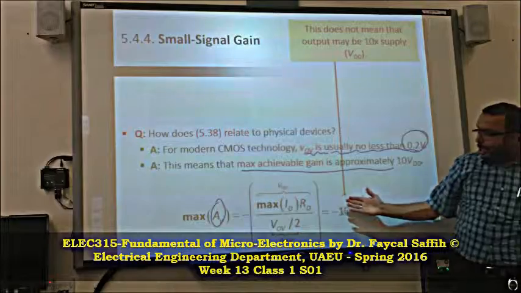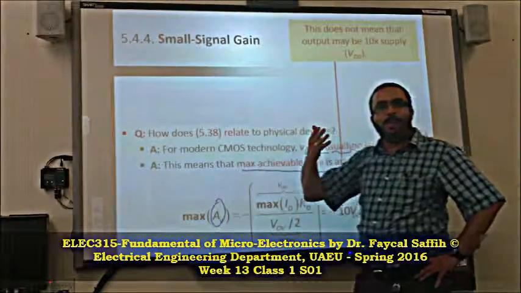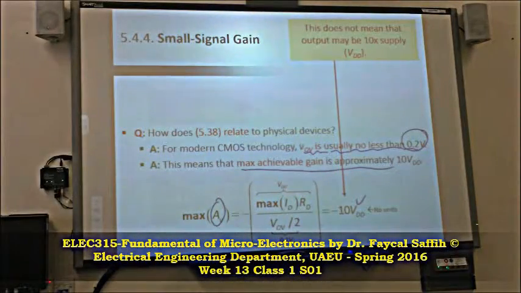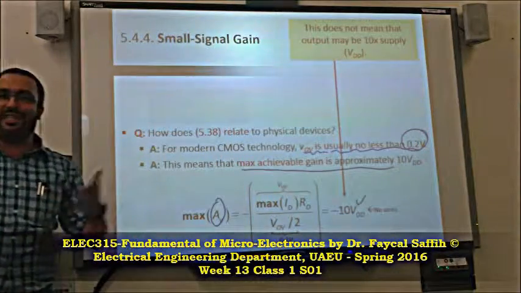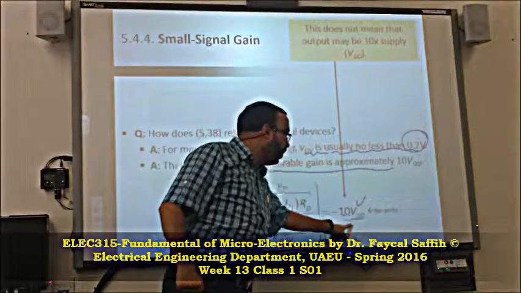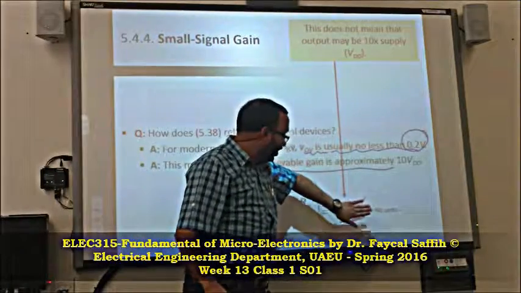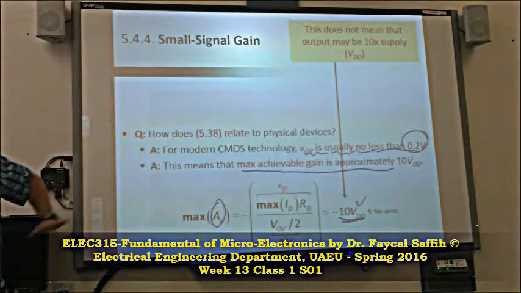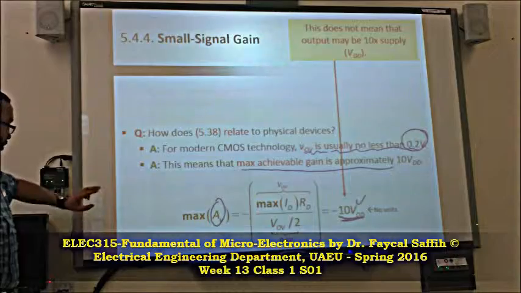This is just the AC amplification. Do you understand? It does not say that the output can be 10 times VDD. It tells only that the gain can be about 10. Because here there's no unit, remember, there's no voltage here. This is a gain, not a voltage. So this is the typical maximum value of the voltage gain.